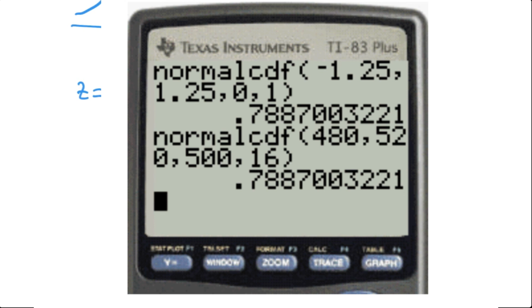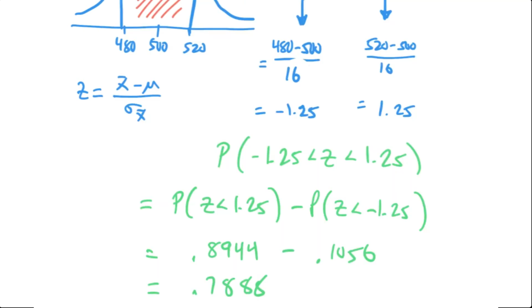You can also use the normal CDF with the original information of 480 and 520, the mean of 500 and a standard deviation of 16. So what does this mean? There's about a 78-79% chance that you take a sample of 100 Walmart workers, find their weekly income, and it is between $480 and $520.